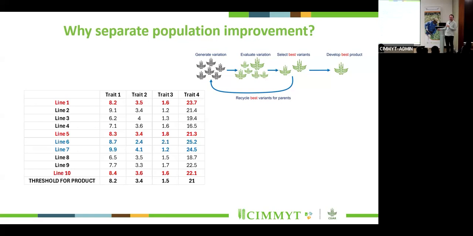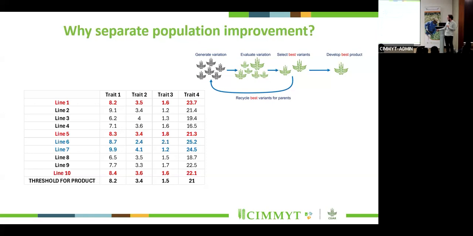So only the red ones qualify as products. But this line here is the best for trait 1 and 2, and the second best for trait 4. That's a fantastic parent. It's carrying loads and loads of positive alleles for those 3 traits, but it fails to meet the threshold in trait 3.